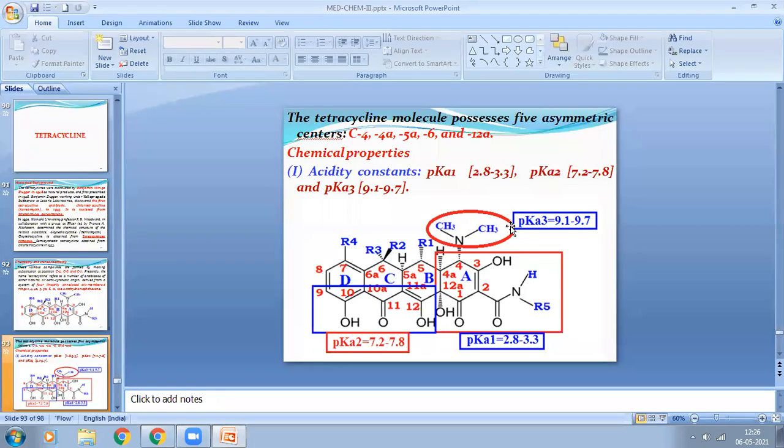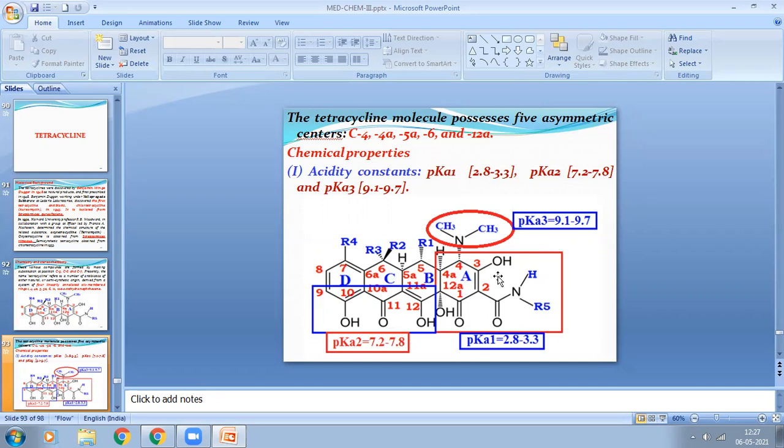So tetracycline shows three acidity constants due to three different conjugating systems. The first pK value is derived due to the presence of the conjugated trione system from C1 to C3.